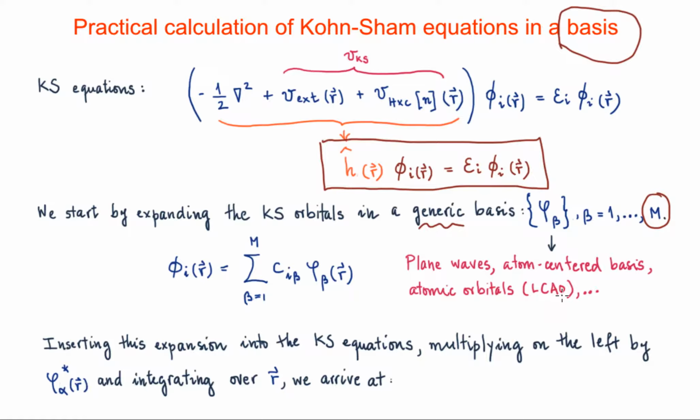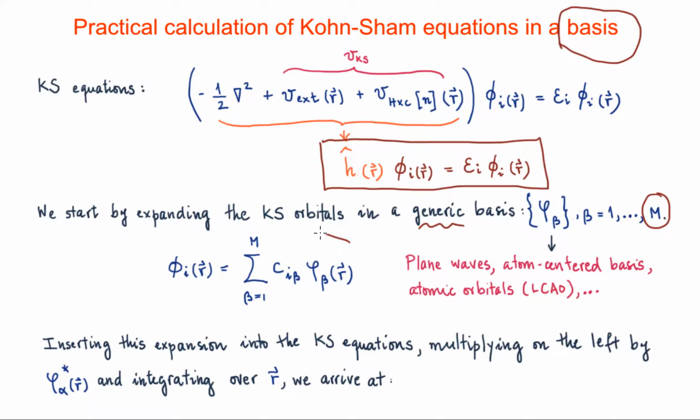That is very often used in order to describe molecules. And the philosophy of this approximation is actually the one behind the tight binding models that are also used a lot in physics.